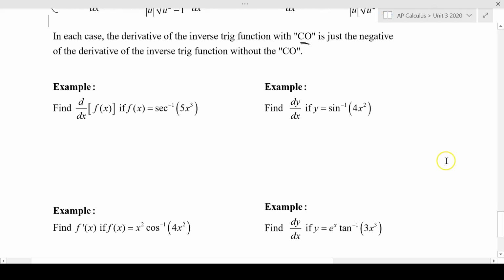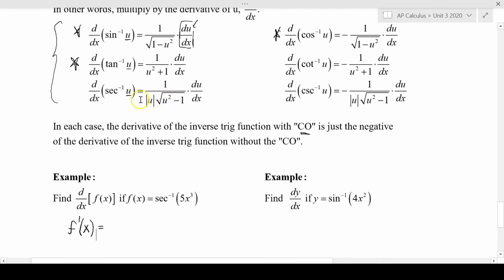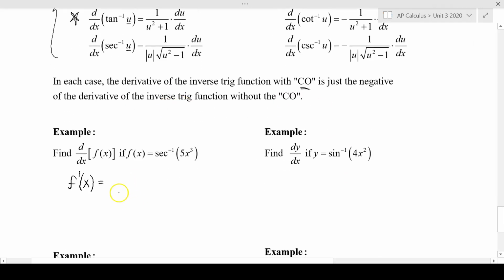Okay, so what if we did secant inverse? Well, the derivative of f is just f prime, so that's what we're being asked to find. And we're going to use this formula up here. So we'll just make a fraction bar, do 1 over absolute value 5x cubed. That's a neat little thing to think about. This input, if it was something squared, then I wouldn't even need the absolute value, right?